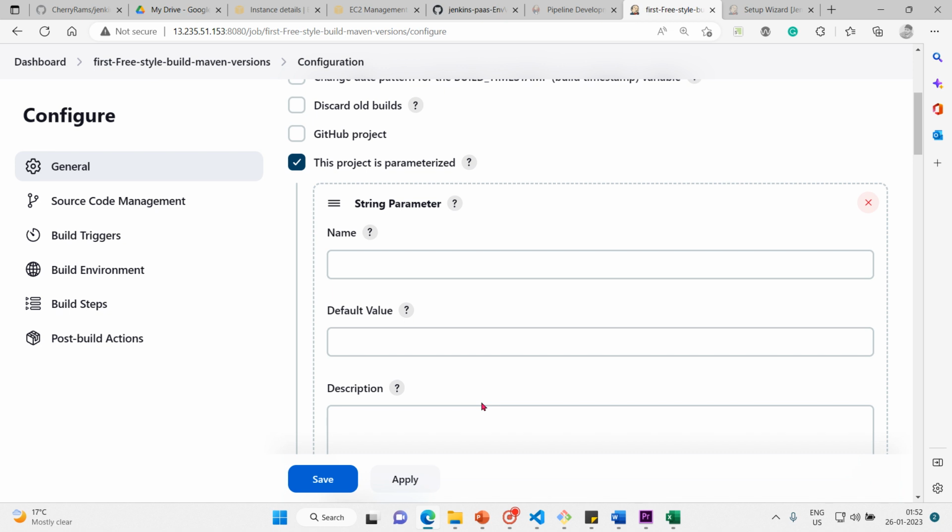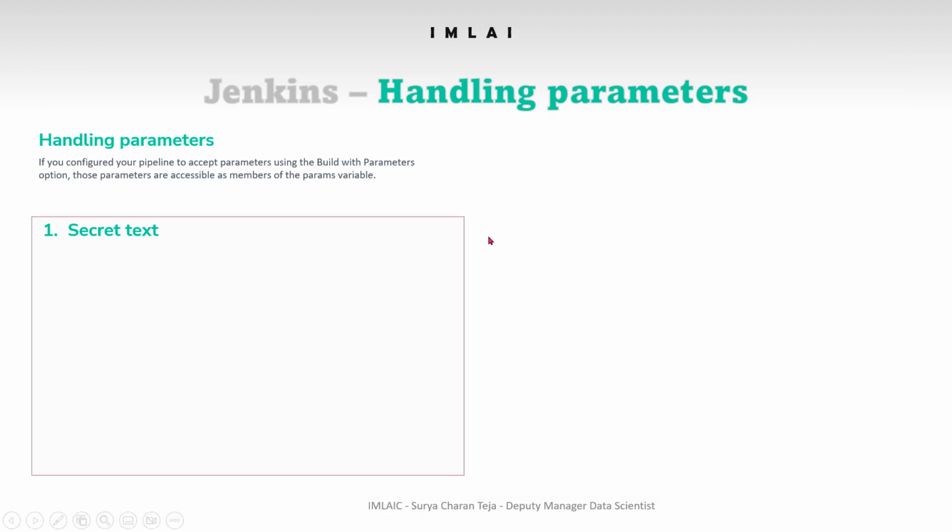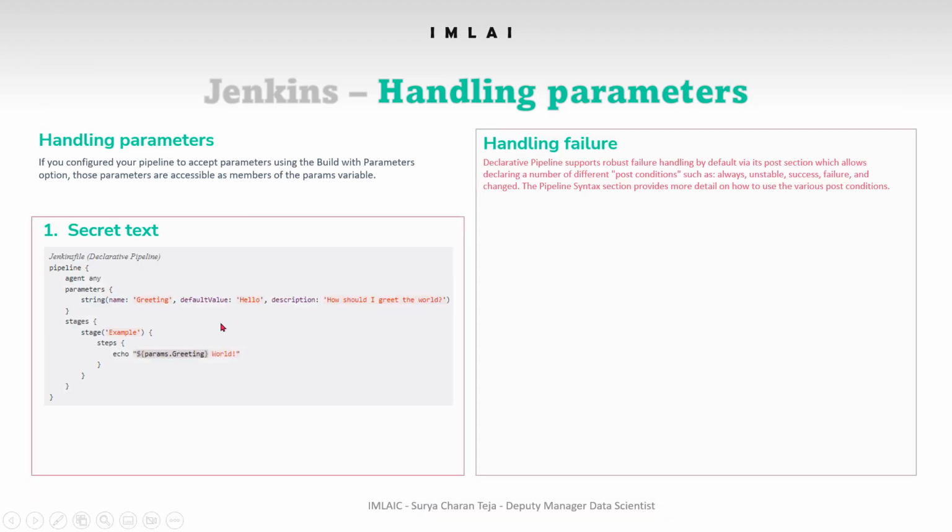If you configure your pipeline to accept these parameters using the build with parameters option, those parameters are accessible as members of the params variable. Assuming this is a string parameter, let me get back to the slide again. We will name this greeting. This is the default example we have taken.